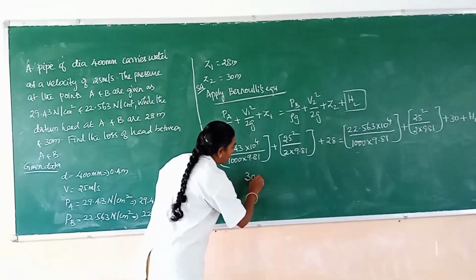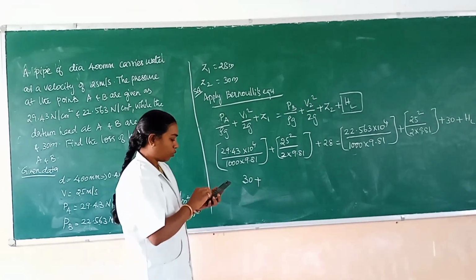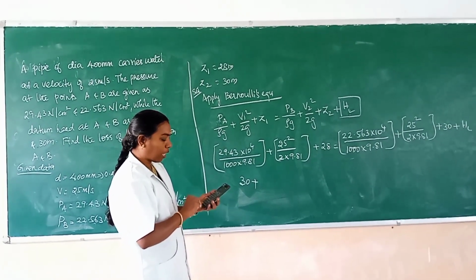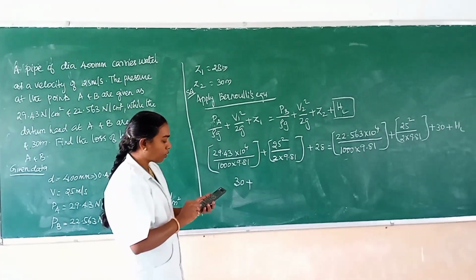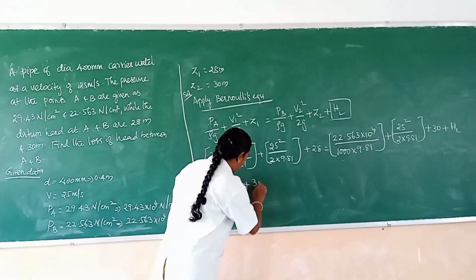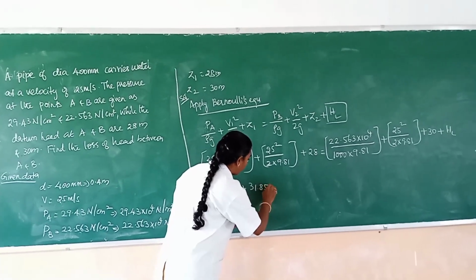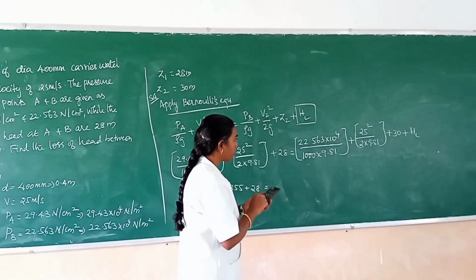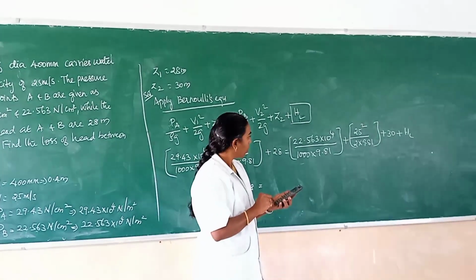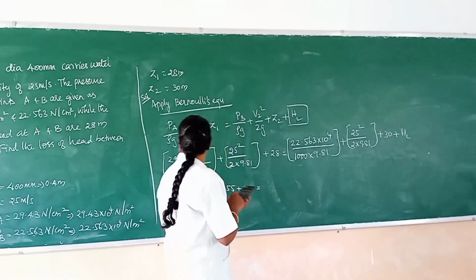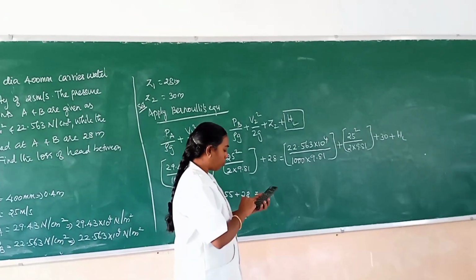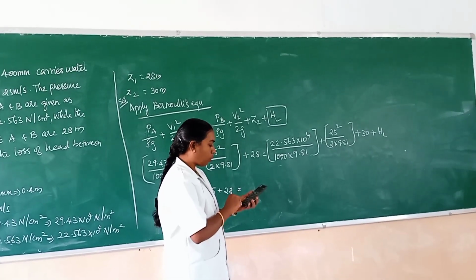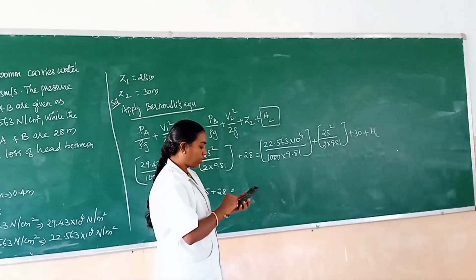this one is 30 plus 25 square divided by 2 into 9.81. 31.855 plus 28 is equal to 22.563 into 10 to the power of 4 divided by 1000 into 9.81.